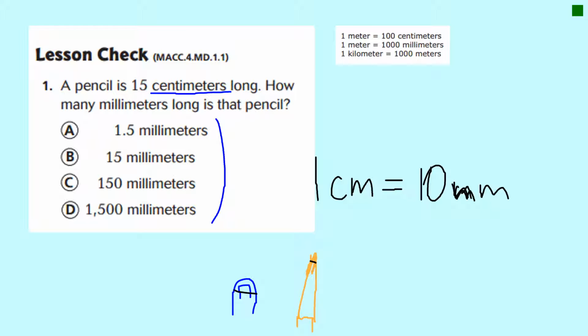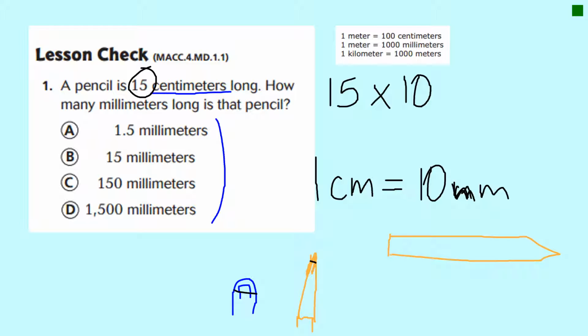There we go. So if the pencil is 15 centimeters long, you have 15 centimeters of 10 millimeters. So you have your pencil, right? And there's the point. So your pencil is 15 centimeters long. 1, 2, 3, 4, 5, 6, 7, 8, 9, 10, 11, 12, 13, 14, 15.